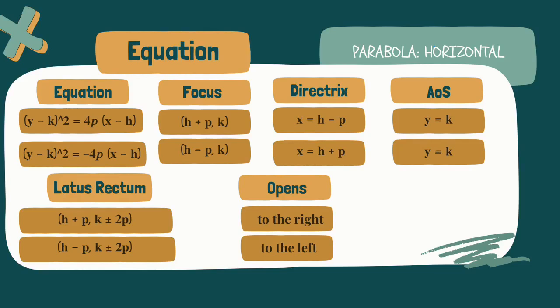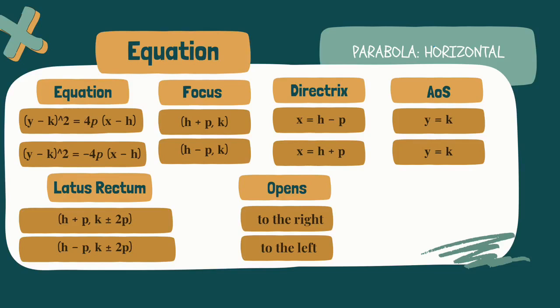Yung formula na nandyan, yung nasa taas, yung unang formula ay positive yung 4p. Kapag positive daw yung 4p, ibig sabihin nun, to the right yung open. And kapag negative 4p, ibig sabihin ay to the left na yun. So, ganun lang siya kadali para malaman.